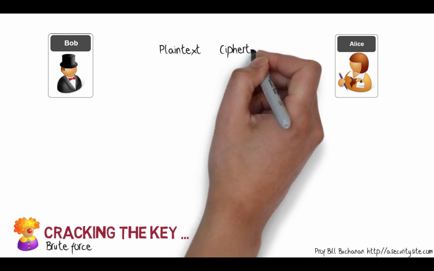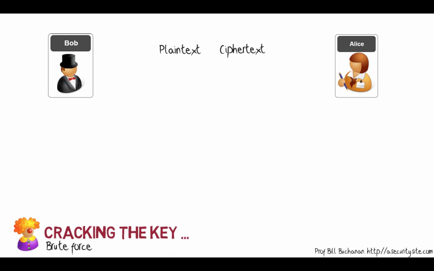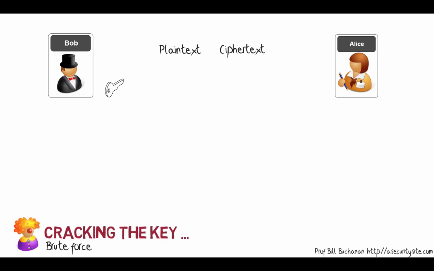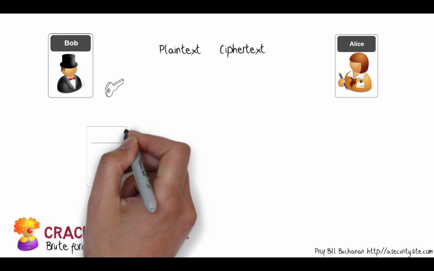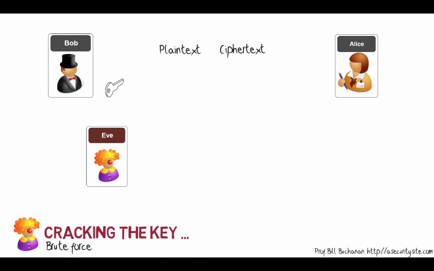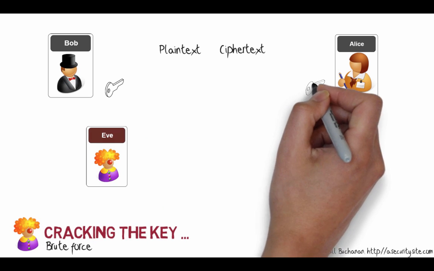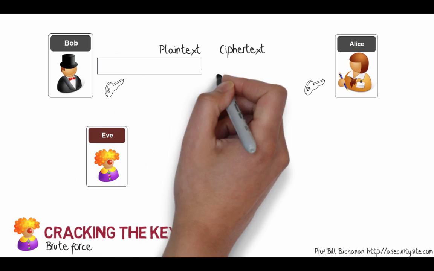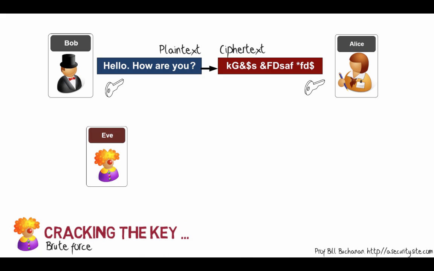That's going to be converted to our cipher text. Then Bob creates his key, and then we have Eve. Alice should have the same key if we're using private key or symmetric encryption. So there's our cipher. Okay, hello, how are you? That's converted into our cipher text.